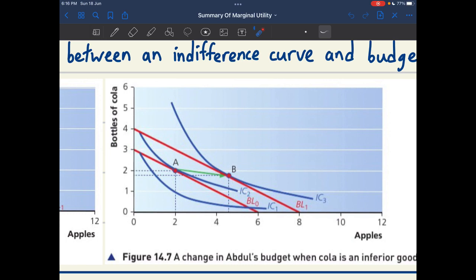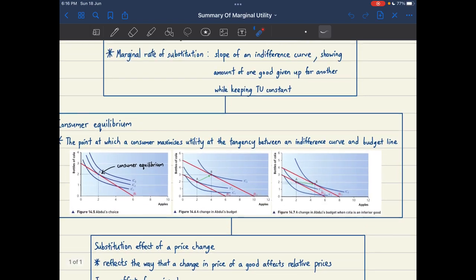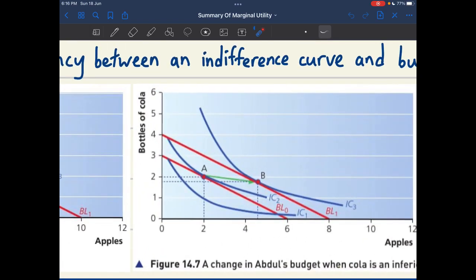But because now you're pushing the indifference curve to the bottom, this means that cola is now an inferior good because you're consuming less of it when there's an increase in your budget. And so that's how the indifference curve would be able to maximize your total utility of 2 goods, which is to combine your indifference curve and your budget line together, and then you calculate the point in which it's at the equilibrium.